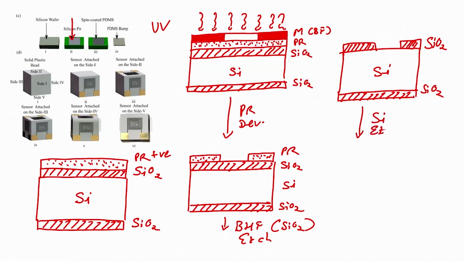The next step is silicon etching. Now, silicon etching can be done either using wet etching or dry etching, right. For wet etching we know potassium hydroxide or TMAH, while dry etching is RIE, reactive ion etching, or deep reactive ion etching.